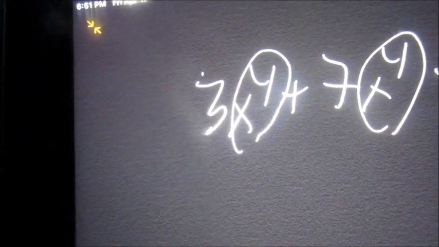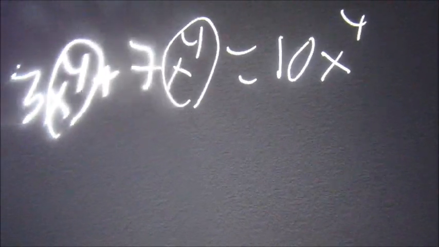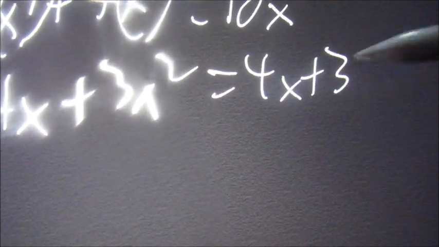So basically what this is saying is we have 3 x to the 4s plus 7 x to the 4s, and 3 plus 7 is 10 x to the 4s. Let's say that we have 4x plus 3x squared. Here we have x to the 1 and x to the 2. We can't do anything, so this just equals 4x plus 3x squared.